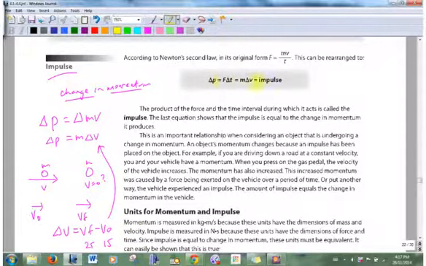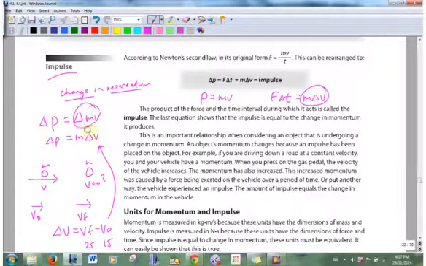So, because F is mv over t, let's write it, okay, multiply both sides by t and bring the t up here. And that's how the formula looks like this, which is on the back of your book. And the other formula on the back of your book is simply this. Okay, so because this is the change in momentum and this is equal to this, then this is also the change in momentum.